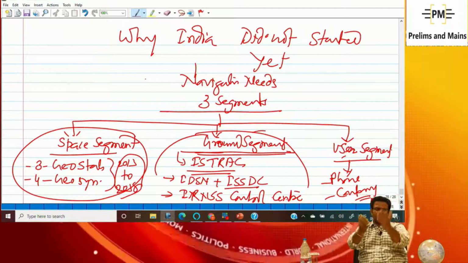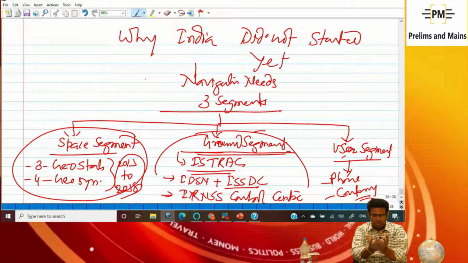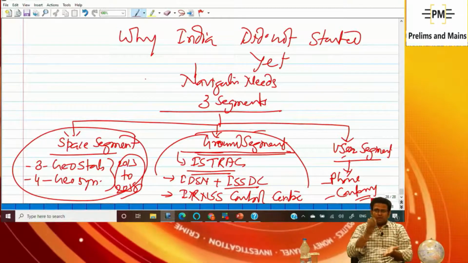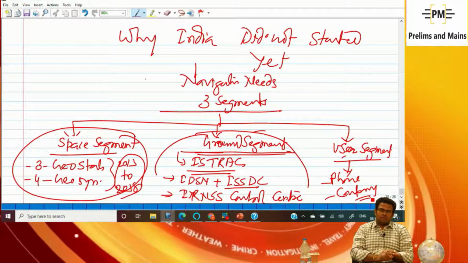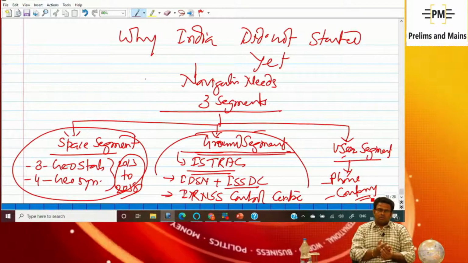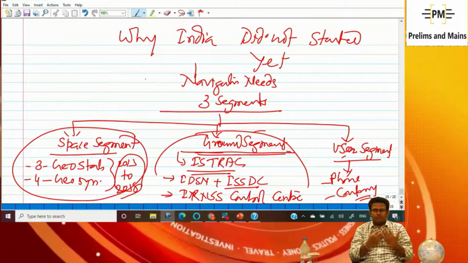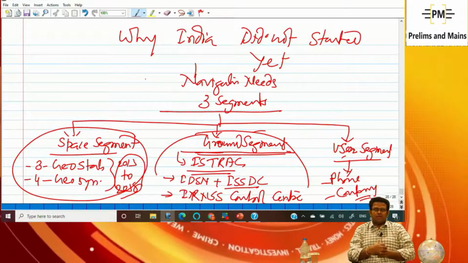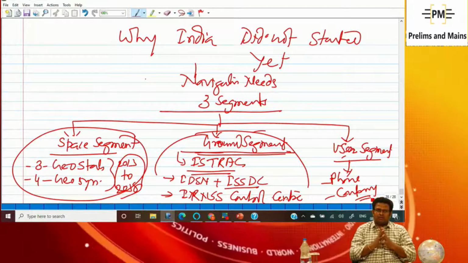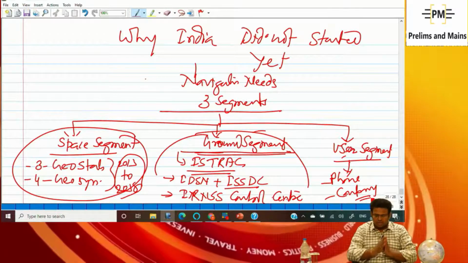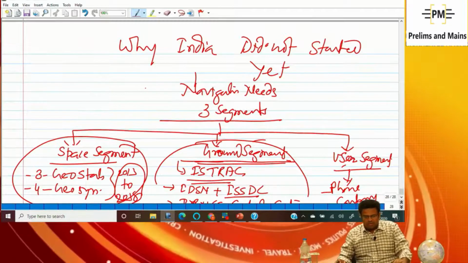In the phone, from where do you have to download Navic as an app? Instead our phone should already have Navic. If I am purchasing a phone, there should be Navic. So when these three things are completed, then automatically India will start using NAVIC instead of GPS.